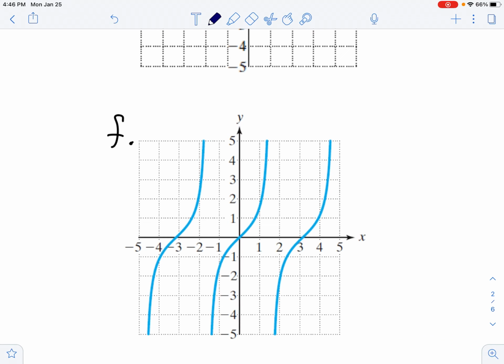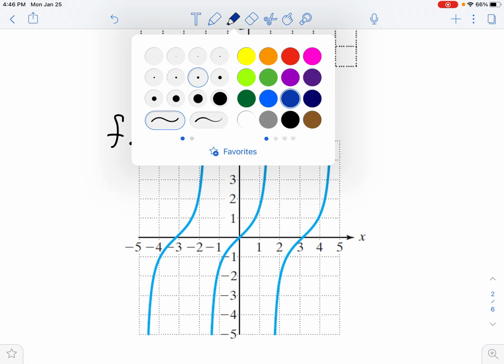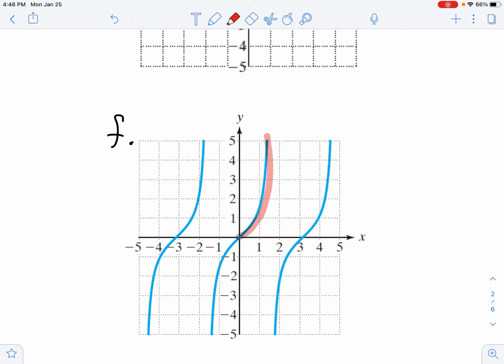All right, let's do the last one. I can see in the first quadrant, I have this piece coming up, and I can imagine rotating this 180 degrees, or finding the symmetry about the origin, and I can see how this piece will rotate down to this piece, and this piece right there will rotate down to this piece right there.